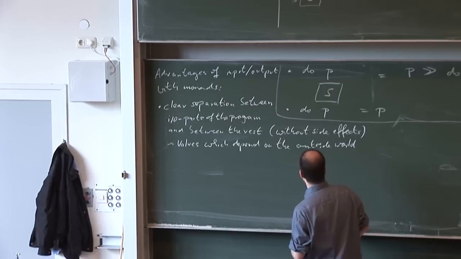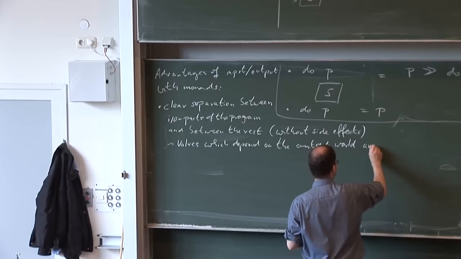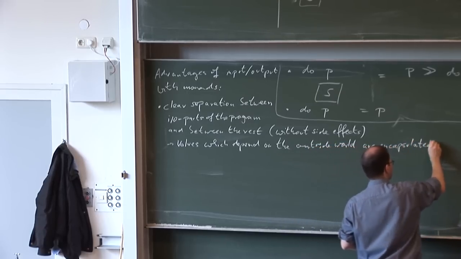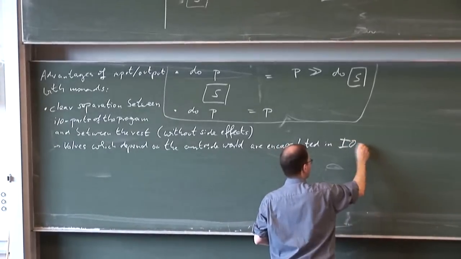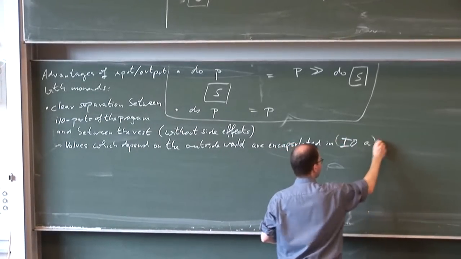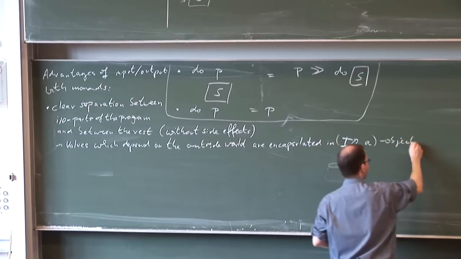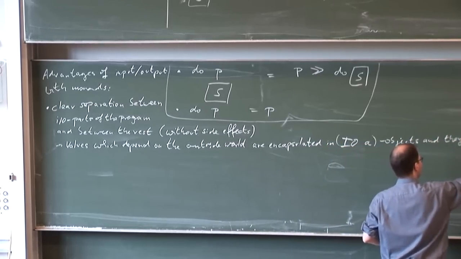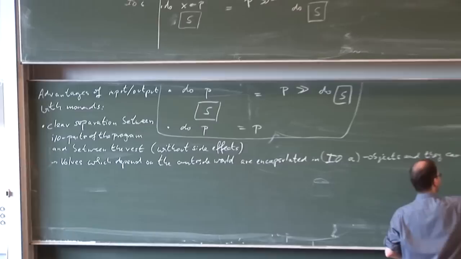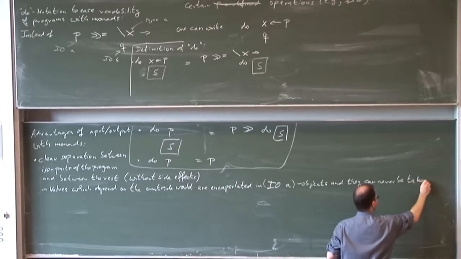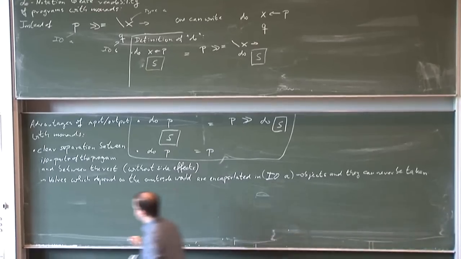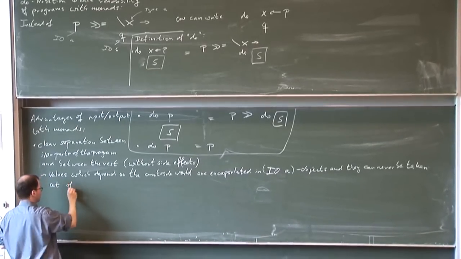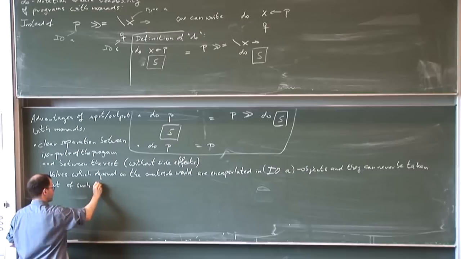So values which depend on the outside world are encapsulated in IO A objects, and they can never be taken out of such objects.